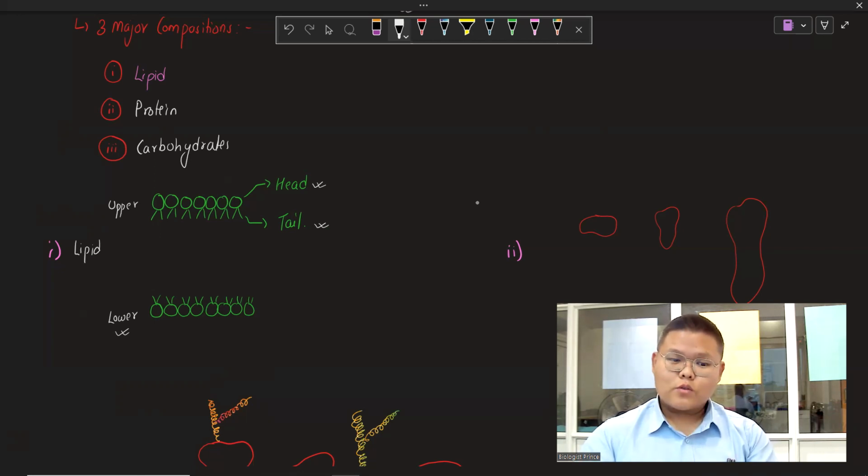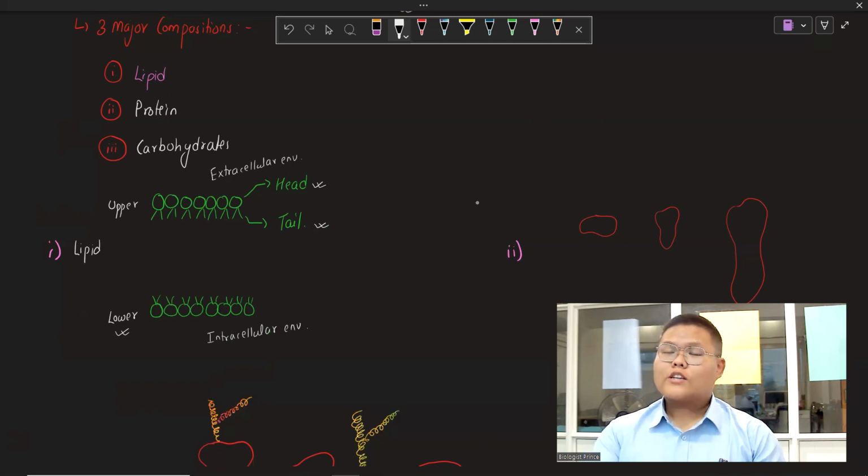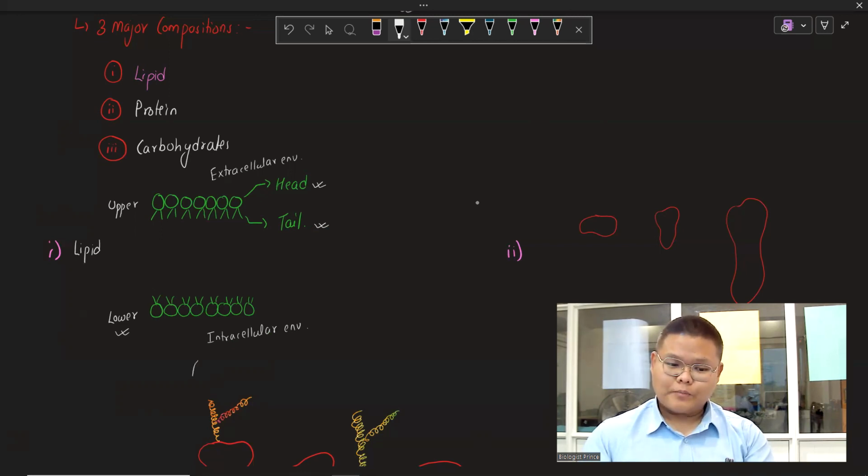You need to know that this is the outer extracellular environment, whereas this one is inside the cell, or we can consider it to be the intracellular environment. The point to be noted is that both the extracellular as well as the intracellular environment are aqueous in nature.